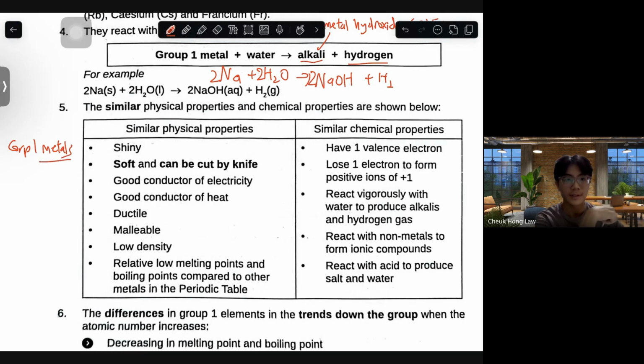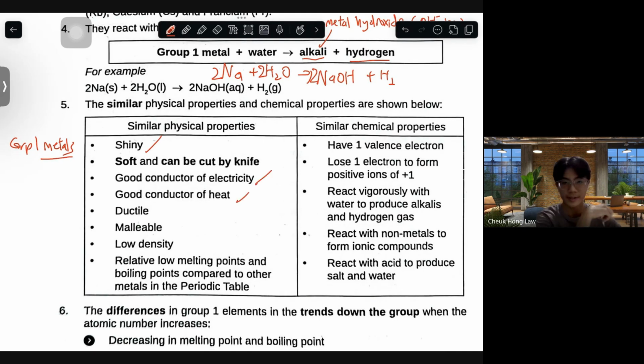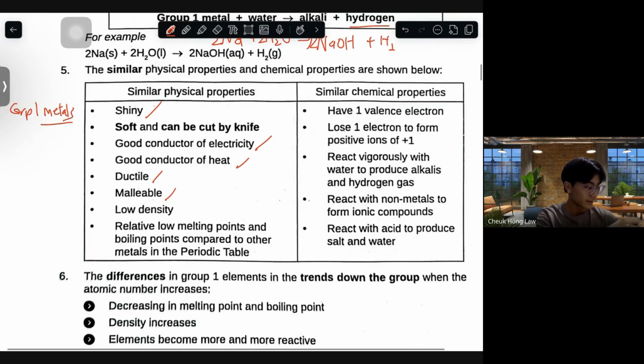What are some of those properties? Metals are shiny. They are good conductors of electricity and heat, because metals have delocalized electrons to conduct electricity and heat. They are ductile and malleable. Those are the properties of metals.